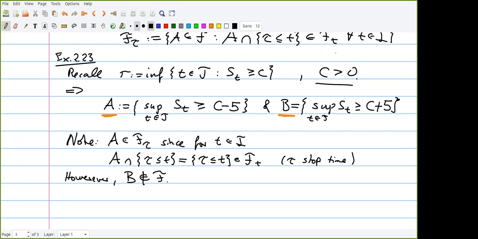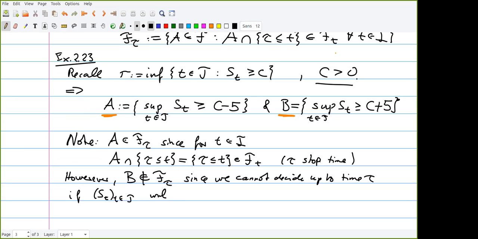So the event B is not in the sigma algebra F tau, since we cannot decide up to time tau if S will exceed C plus 5.